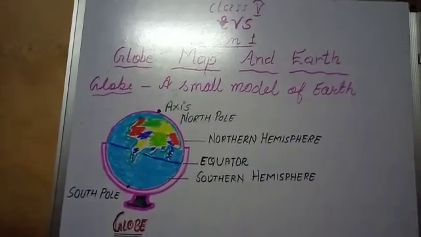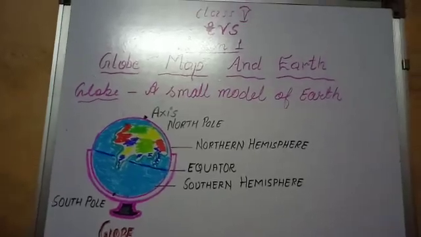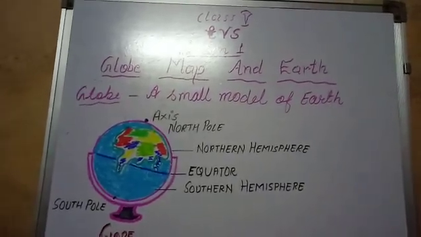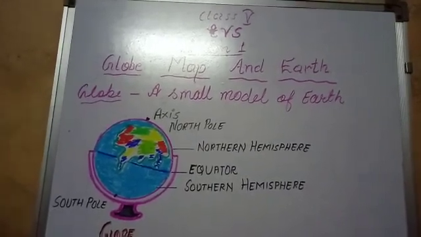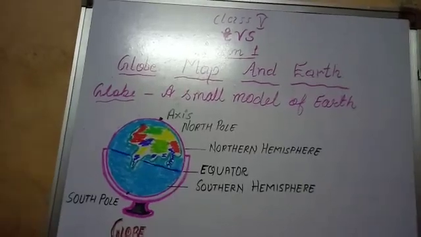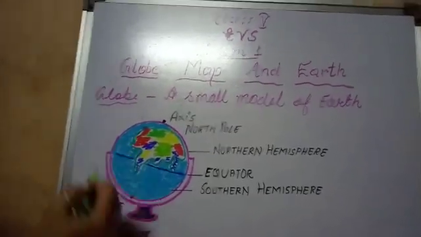Many of you know that earth is round, isn't it? How do we know it? We know this through satellite. In your previous class, you already studied about satellite. So, simply to know about the location or shape of Earth, a globe was made.